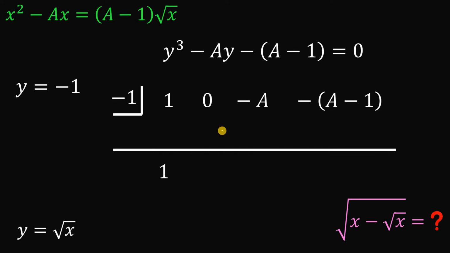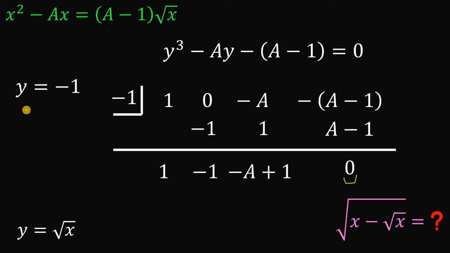Bring down 1. 1 times negative 1 is negative 1. 0 plus negative 1 is negative 1. Negative 1 times negative 1 is positive 1. Negative a plus 1 is negative a plus 1. Negative a plus 1 times negative 1, this is just a minus 1. And we have negative of the quantity a minus 1. Therefore, if we add these two together, we get 0.